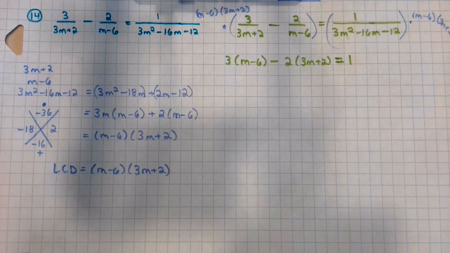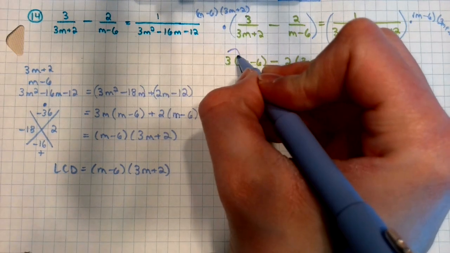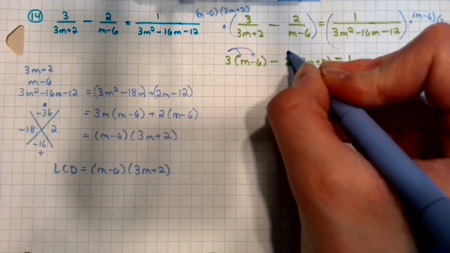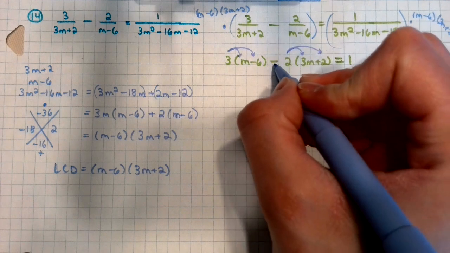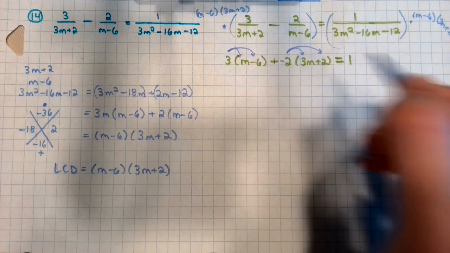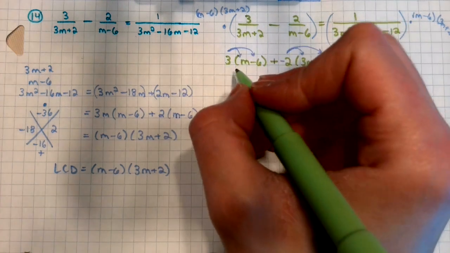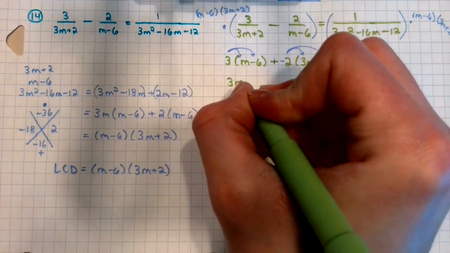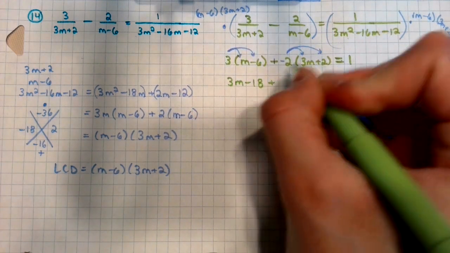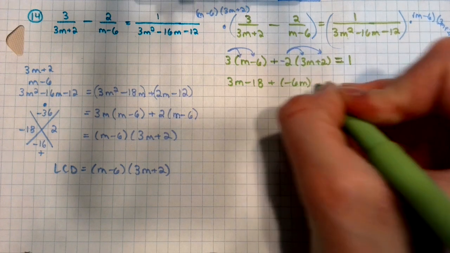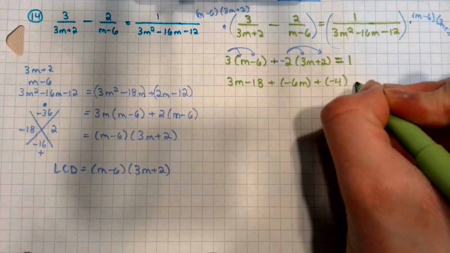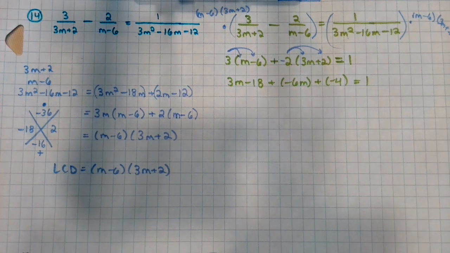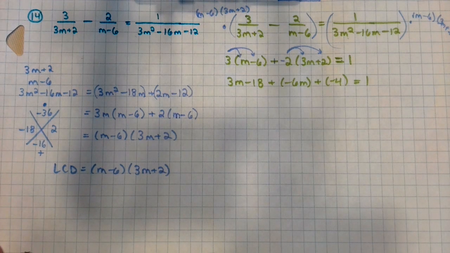So now we're going to use the distributive property twice, and be careful here because this minus 2 is actually saying that that's a negative. So we're going to have 3m minus 18 plus, this would be negative 6m, and then plus negative 4, or just minus 4 if you want to write it that way, it's totally fine. And then we need to combine like terms, so 3m plus this negative 6m would be negative 3m.